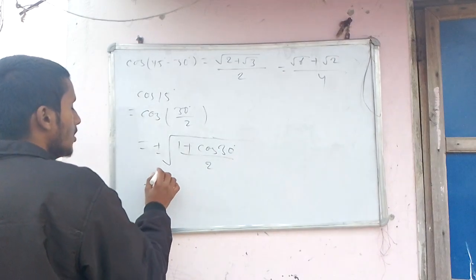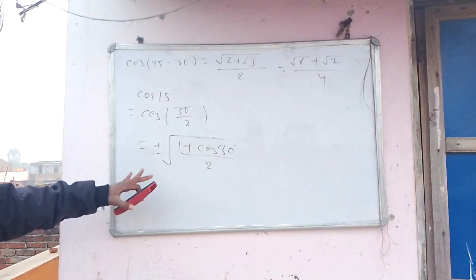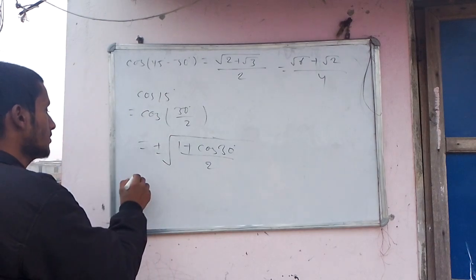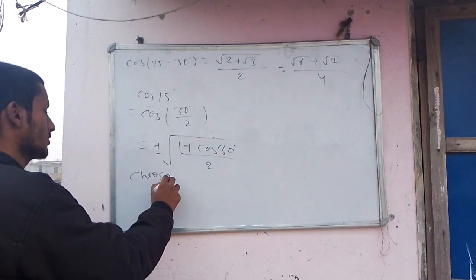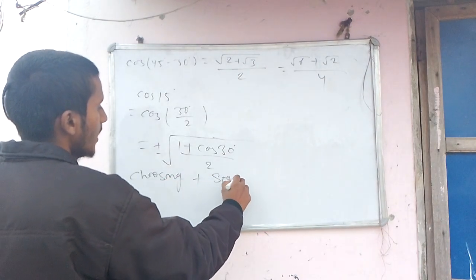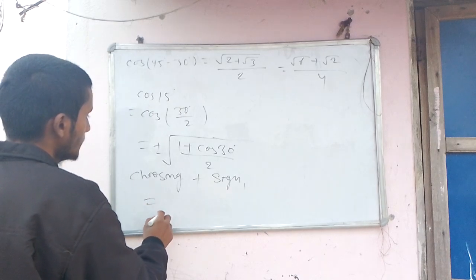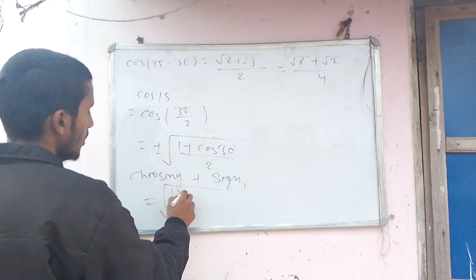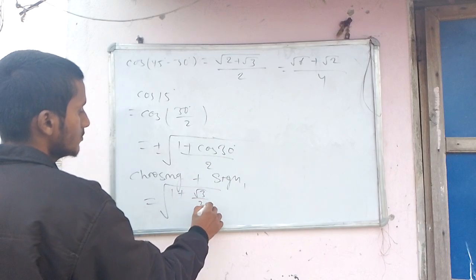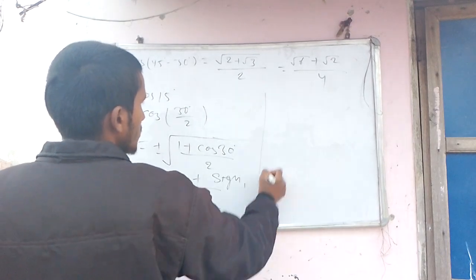I'm going to choose the plus sign because it is cosine 15, which is in the first quadrant, and cosine is positive in the first quadrant. So this is going to be 1 plus cosine 30, which is square root of 3 over 2, all divided by 2.